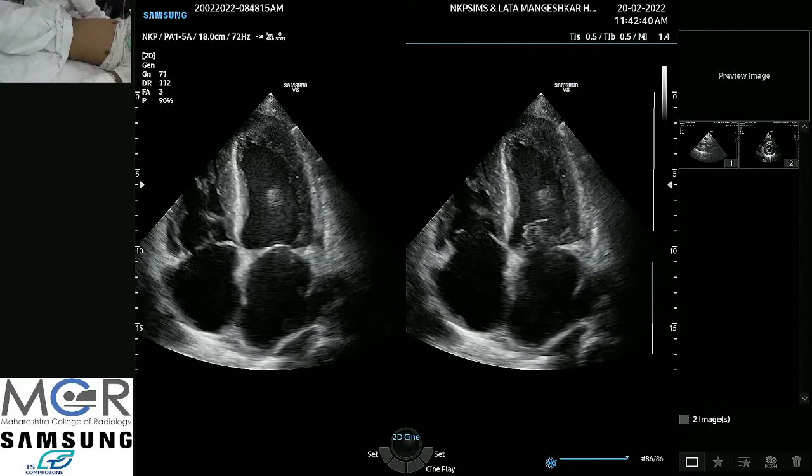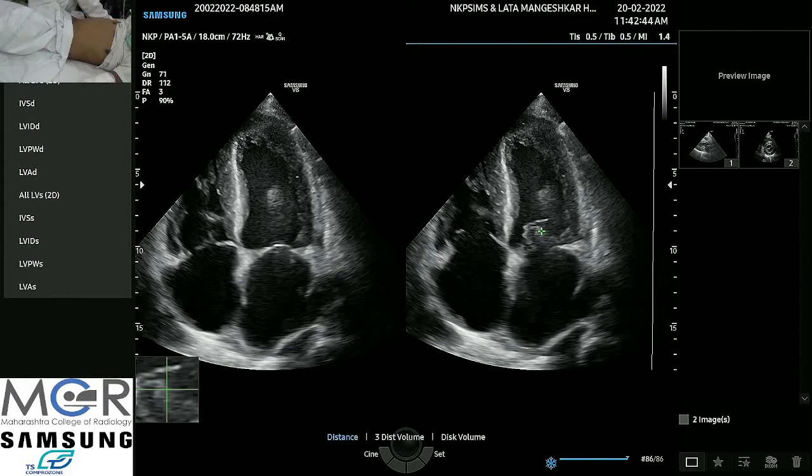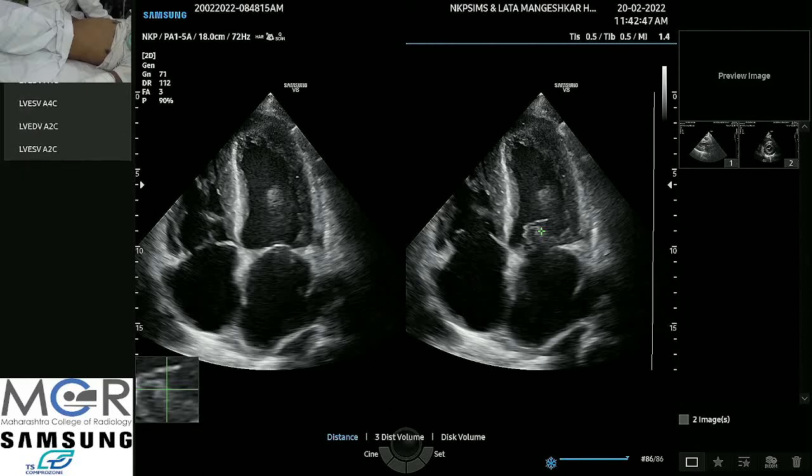This is called the area line method, by which you can calculate the two-dimensional Simpson, 4 chambers diastolic.